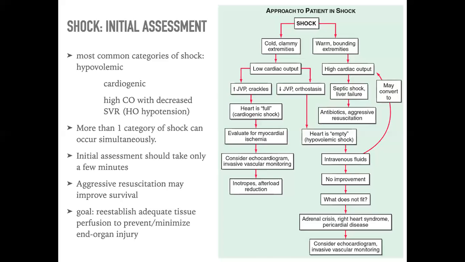And when there's an increase in the JVP and crackles on auscultation, then the heart is full, or you are dealing with cardiogenic shock. To this end, you evaluate for myocardial ischemia. In this scenario, an echocardiogram or invasive vascular monitoring could help. And if the patient's BP has not yet improved with your resuscitation, start inotropes and afterload reduction.